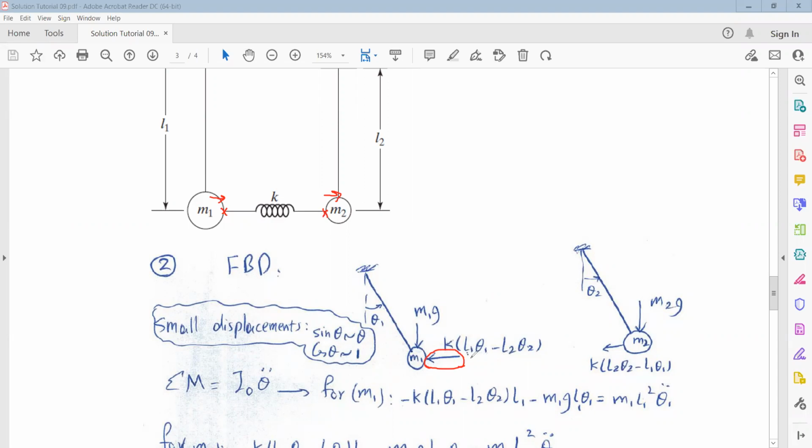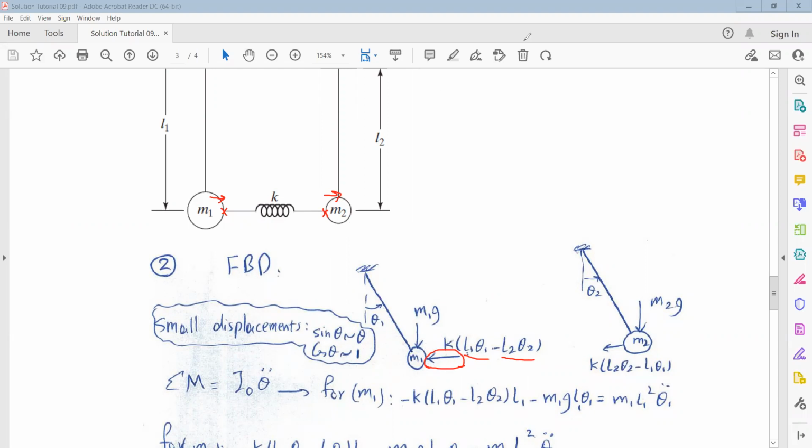So L1 theta 1, which is in the right direction and creates compression, will be positive, but L2 theta 2, which is moving to the right and will create extension in the spring, will have a negative sign, because we assume compression for the direction of the force.